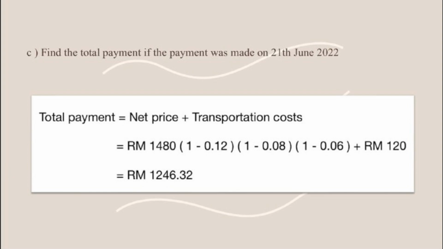So the net price is 1,480 ringgit Malaysia times 1 minus 0.12 times 1 minus 0.08 times 1 minus 0.06 plus transportation, which is 120 ringgit Malaysia. The answer we get is 1,246 ringgit Malaysia and 32 cents.